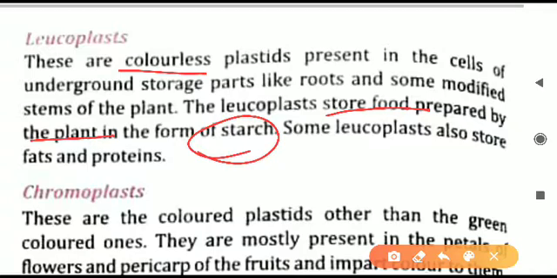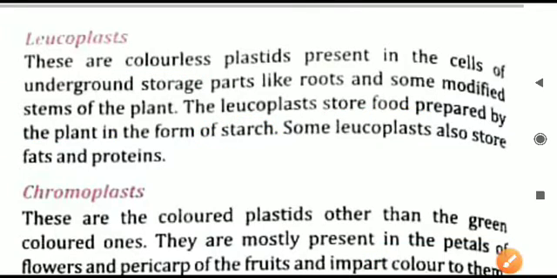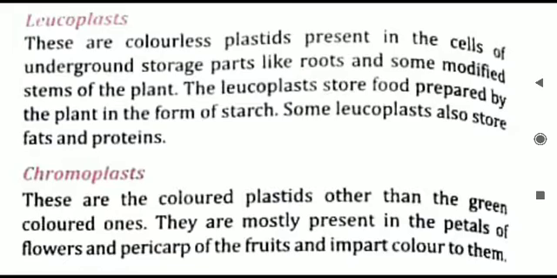Whenever the plant needs energy, this stored food will be used. So till that time, temporarily, the extra food will be stored in the leucoplast. These are colorless. They are found especially in roots and some stems. These are the parts of the plant where the extra food is stored in the leucoplast.